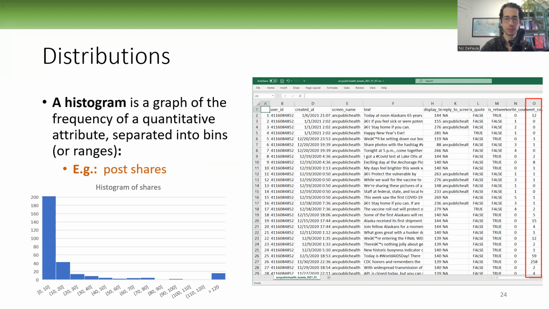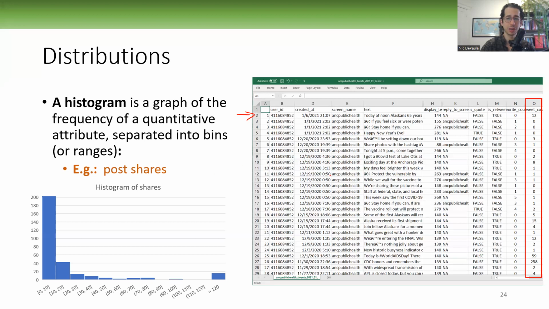Each row is a tweet. And the shares variable, also called the retweet count, is over here. And these are integers. So you can see the first one is 12, and the next one is 0, the next one is 0, then 0, and another one has 3 retweets, and another one has only one retweet. Once again, just another word for share.